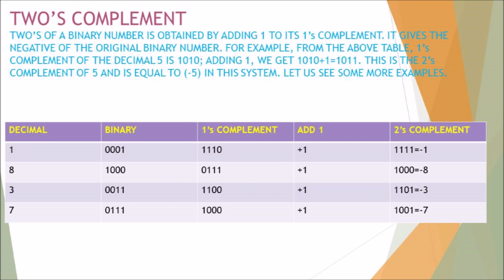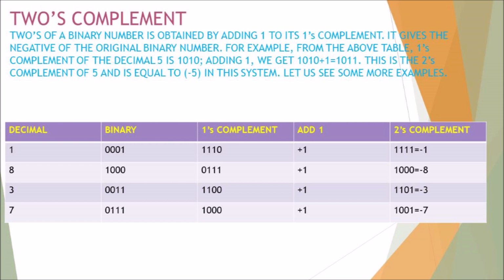First the decimal number is converted to a binary number, then the binary number is changed to the 1's complement, and we add 1 to the 1's complement to get the 2's complement. That 2's complement is the negative of the original number. That's how we represent negative numbers in the binary number system.